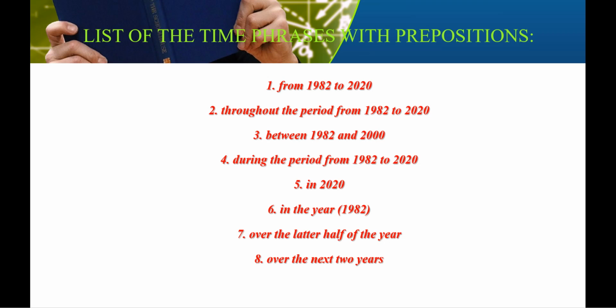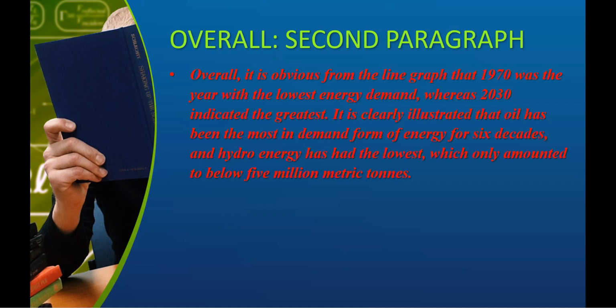In the indicated year. Or you could write even over the later half of the year. Over the next, following, subsequent 2, 3, 4 years. So except for next, you can write subsequent, following, something like that.